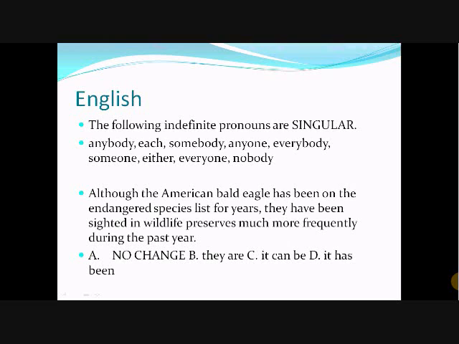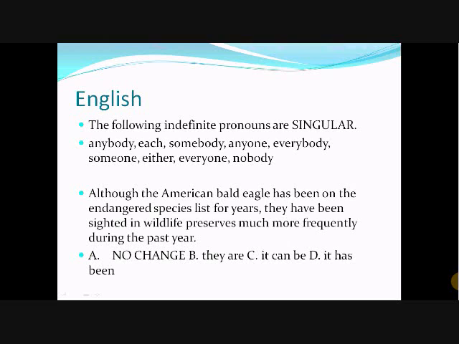The following indefinite pronouns are singular: anybody, each, somebody, anyone, everybody, someone, either, everyone, and nobody. Here's an example. Although the American bald eagle has been on the endangered species list for years, they have been sighted in wildlife preserves much more frequently during the past year.